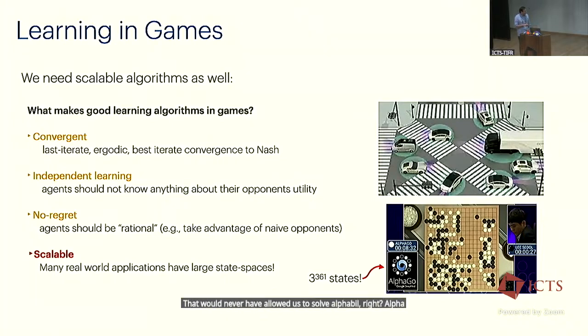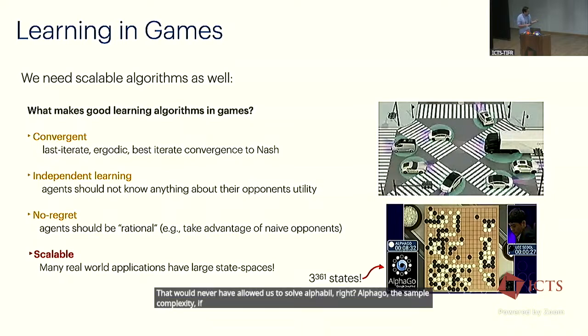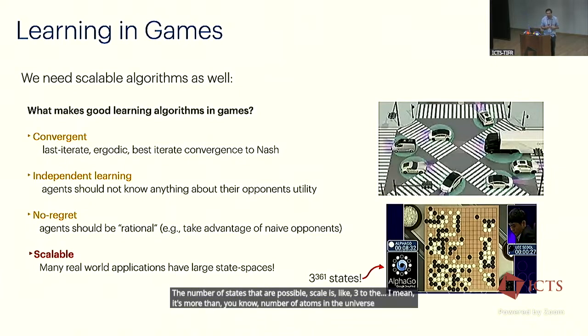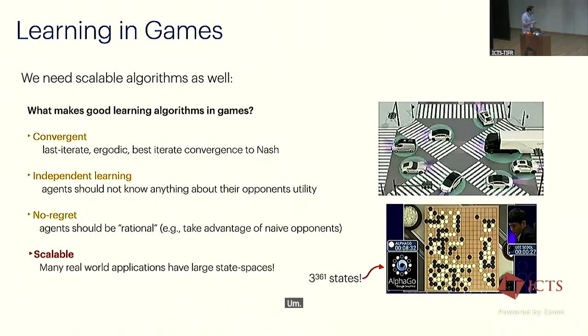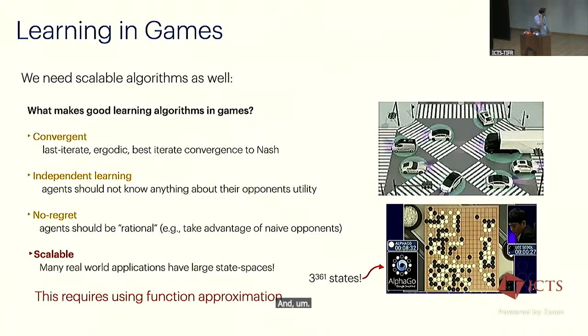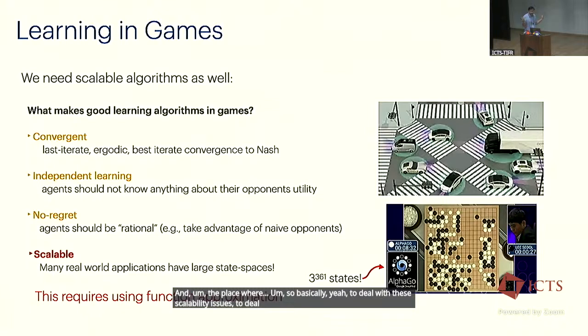The number of possible states in Go is more than the number of atoms in the universe. And so we really have to think about how we can use function approximation in Markov games. To deal with the scalability issues, to deal with large but still finite state spaces, we have to really use function approximation. To deal with continuous action and continuous state spaces, we also have to do this.